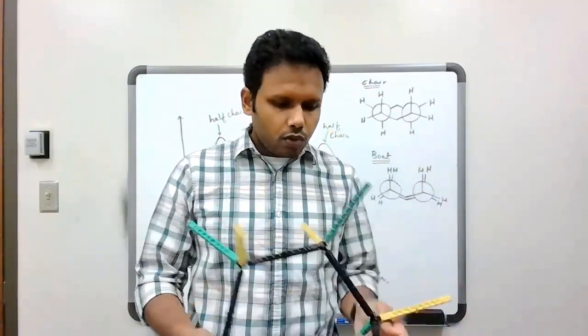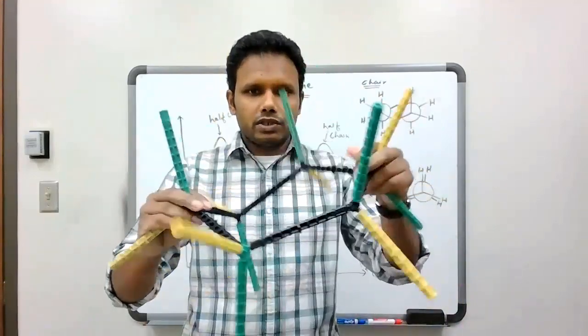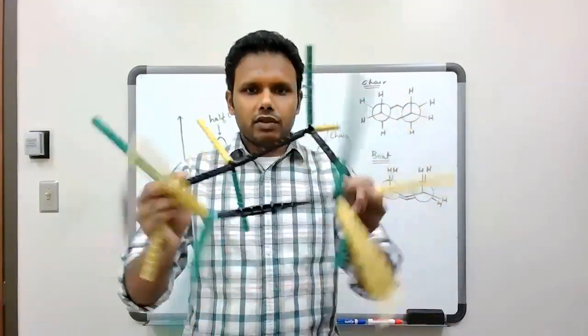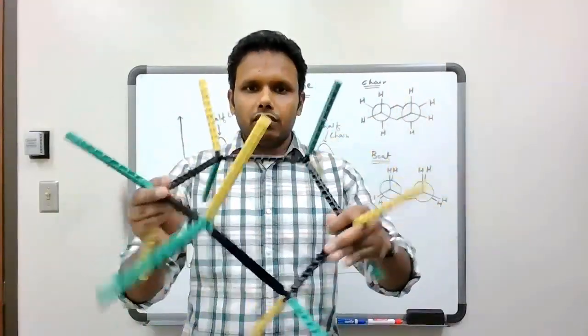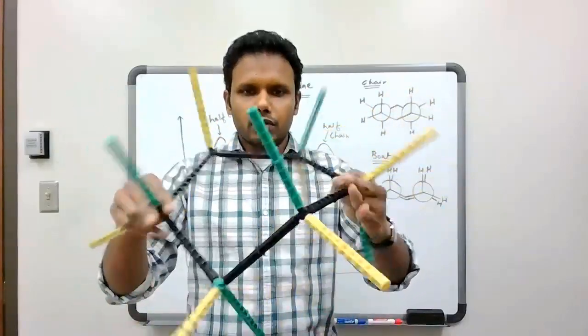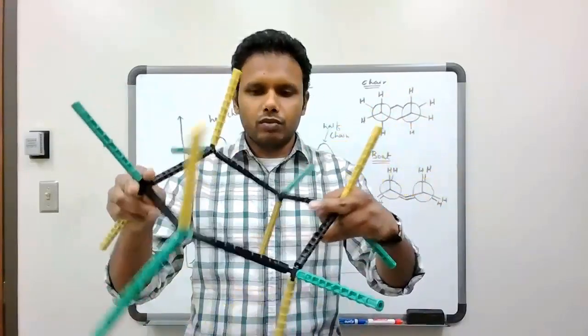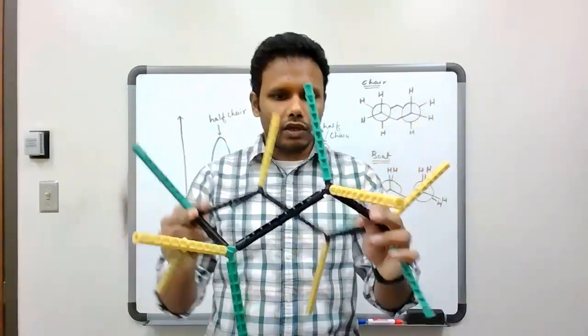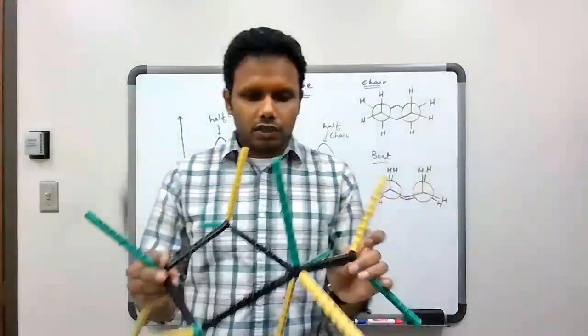In fact, the whole ring can twist and go through several conformations. All this twisting motion, with the bonds moving along, is what results in various conformations.